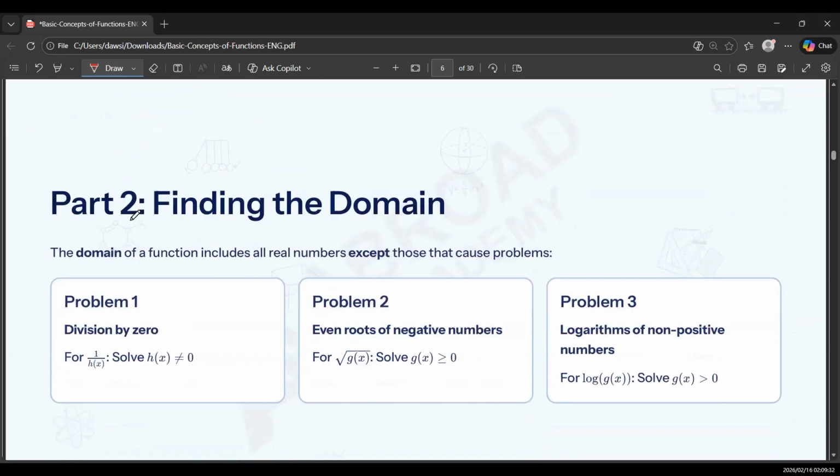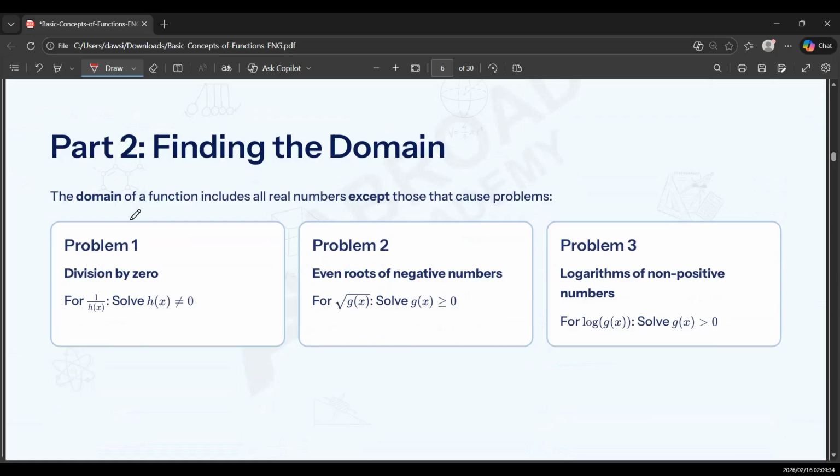Now, finding the domain. The domain of a function includes all real numbers except those that cause problems. Problem 1 is division by 0. For 1 divided by h of x, solve h of x not equal to 0.